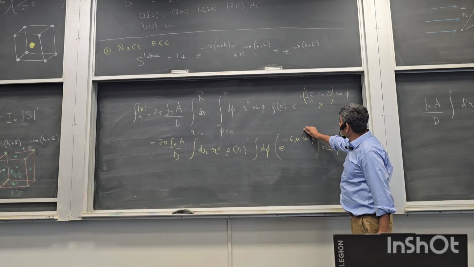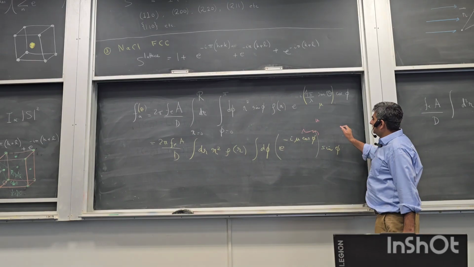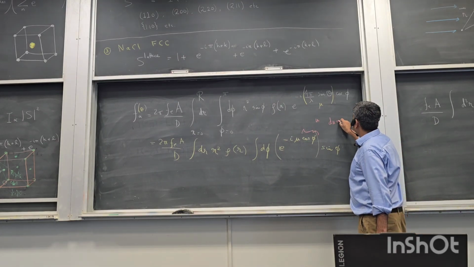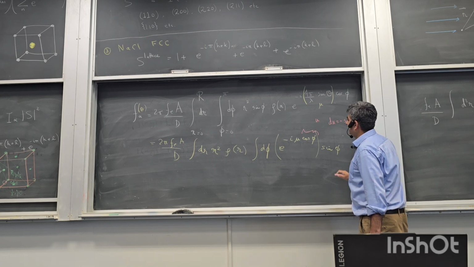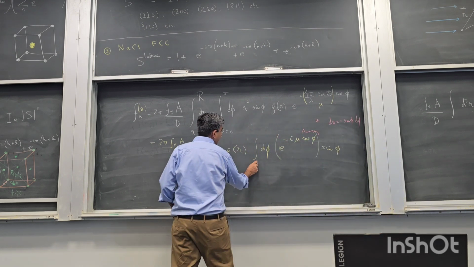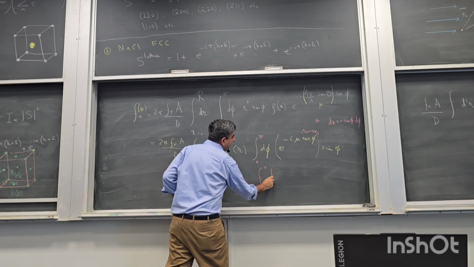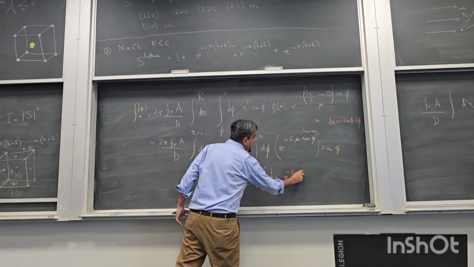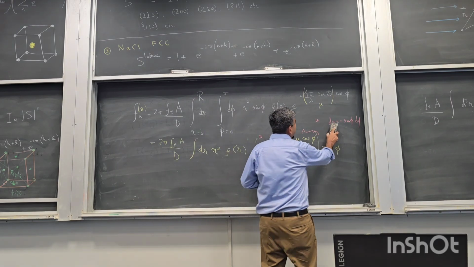I put cosine phi is mu, then d mu is minus sine phi d phi. So this becomes integral from pi to 0 d mu e minus i mu u. That's not a great variable name here. Let's call it z.